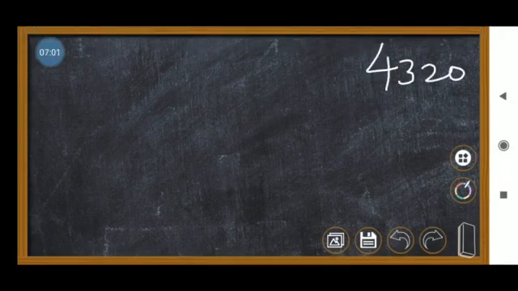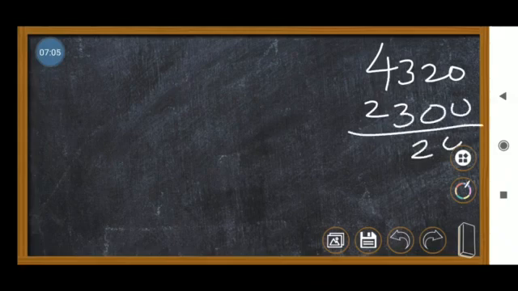Okay, so anyway, the next question is actually the number of boys to the number of girls. So we know that the total number of students is 4320 and the total number of girls is 2300, so 2020 is the number of boys.